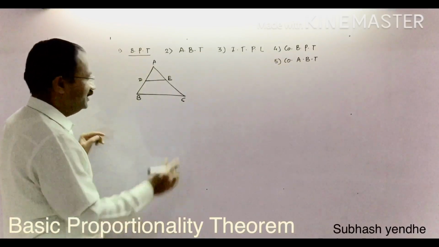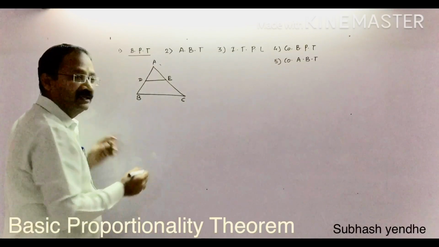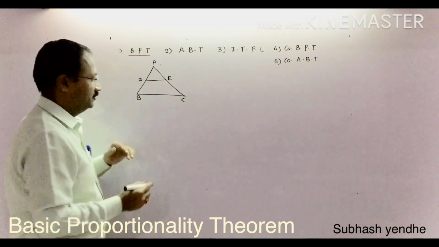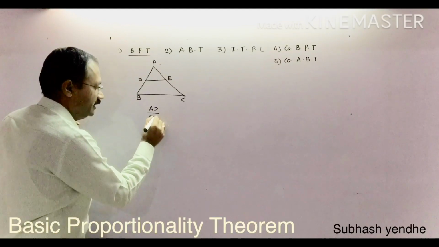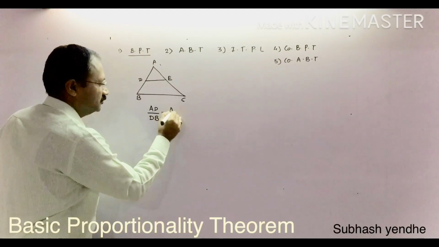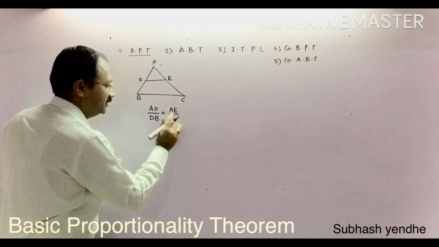It says that this line divides the 2 segments into 2 equal ratios. AD upon DB equals AE upon EC.